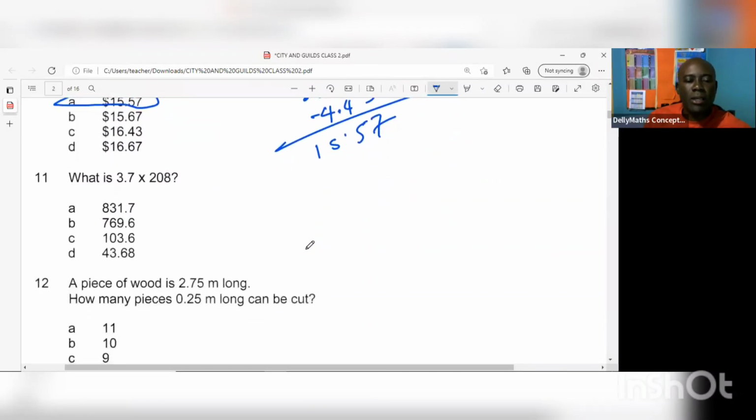What is 3.7 times 2.8? You're looking for a 1DP. Also, you're looking for something near to 800. So let us look. We have 2, 8, and you multiply this by 3, 7. So you want to carry out your regular multiplication. 7 times 8, that's 56. And carry the 5.